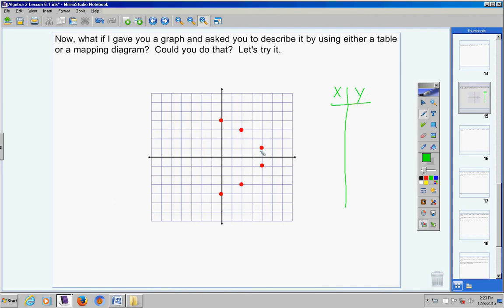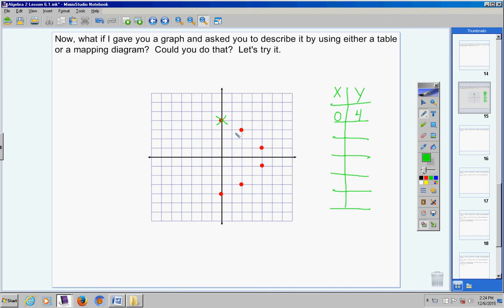How many ordered pairs do we have? 3, 4, 5, 6. There we go. Now this ordered pair here. Well, guys, we know this ordered pair is to the right 0, and it's up 4. So that ordered pair is 0, 4.